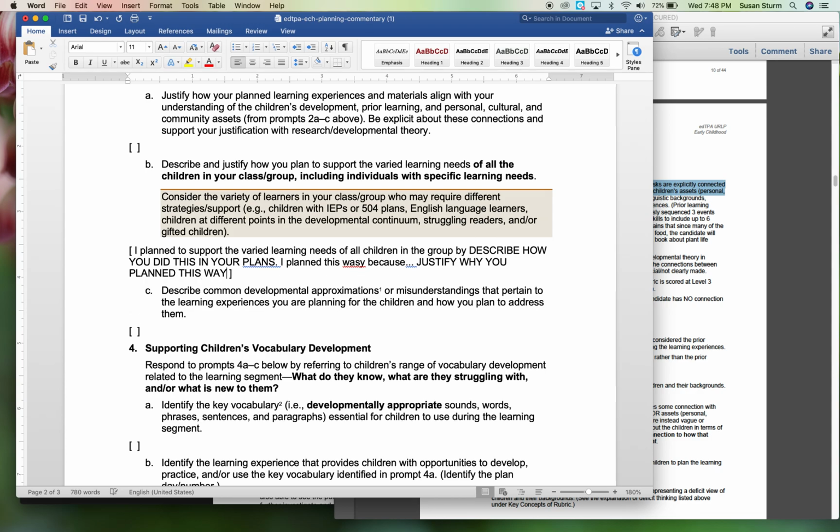And this is talking about the whole class here. So ways that you can support the varied needs of everybody in your class. This can include things like modeling if you do a shared reading or a shared writing.